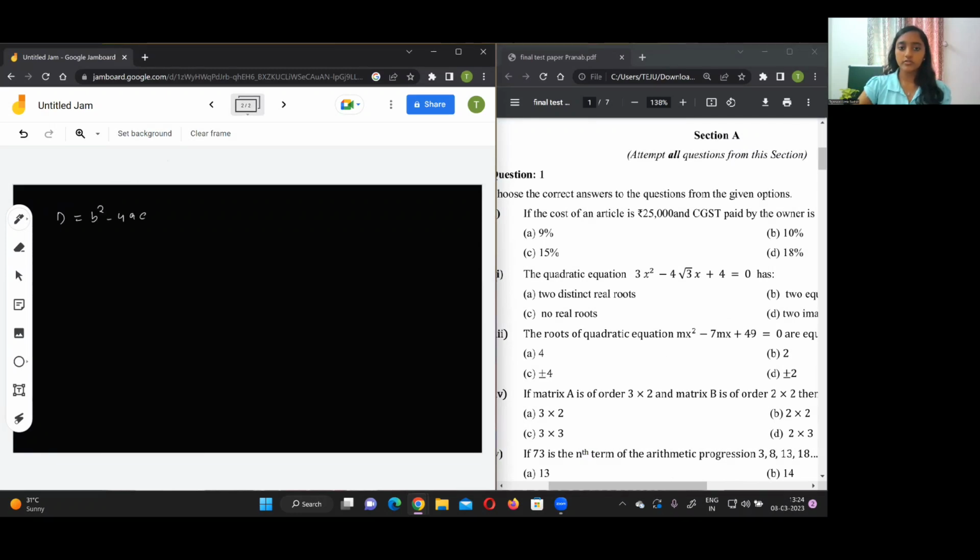So for the second question, as we very well know, discriminant D is equal to b square minus 4ac. In the question given, a is equal to 3, b is equal to minus 4 root 3, and c is equal to 4.